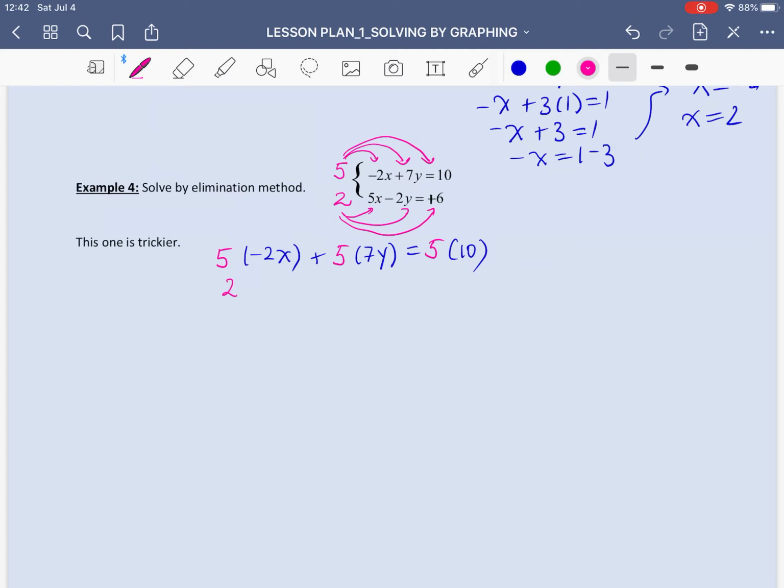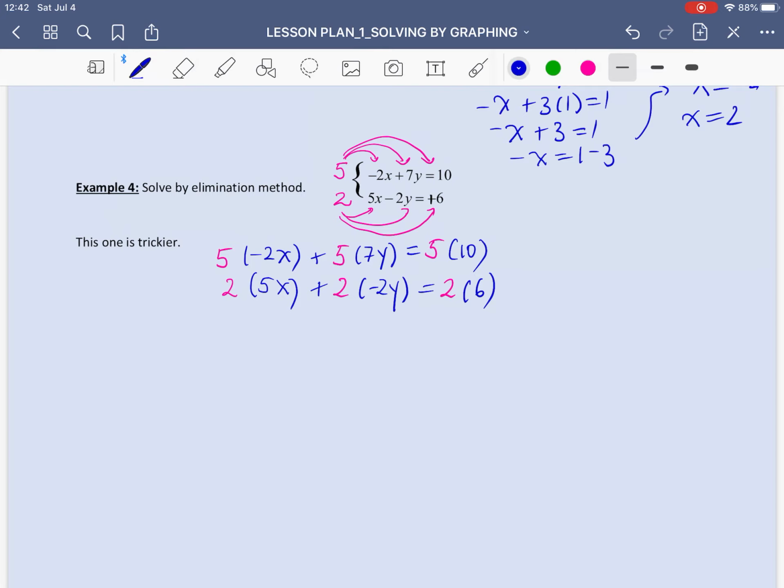Second equation, we have 2 multiplying 5x, plus 2 again multiplying negative 2y, equals 2 again multiplying positive 6. By the way, you probably notice a change in your handout, so there is a plus 6 in here, not a minus as it may appear on your handout.